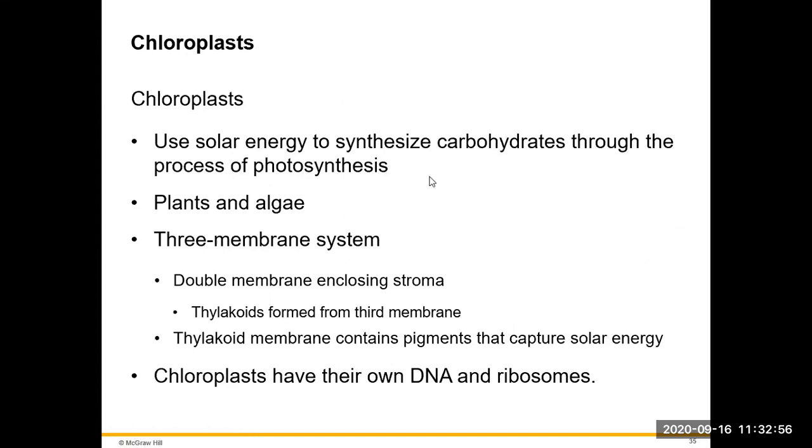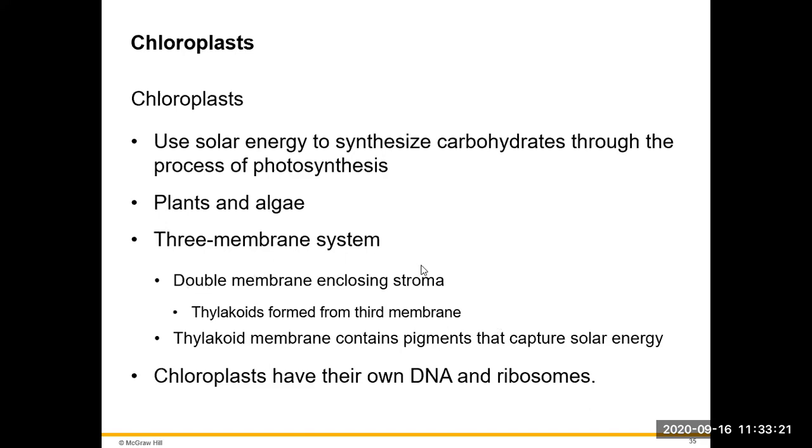Chloroplasts use solar energy to synthesize carbohydrates through the process of photosynthesis. Plants and algae contain chloroplasts, unlike the mitochondria. They have 3 membranes. Mitochondria has 2 membranes.